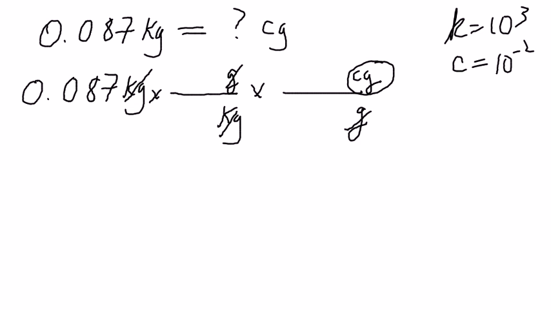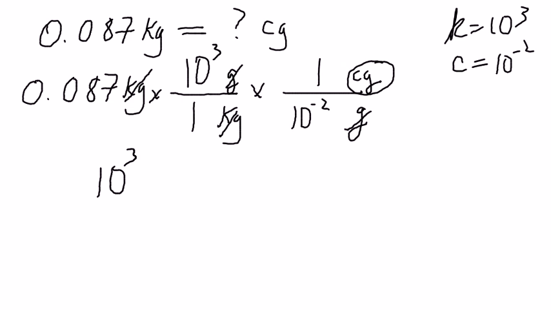So we put these powers of 10 with our base units. There are 10 to the positive 3 grams in 1 kilogram, and there are 10 to the negative 2 grams in 1 centigram.